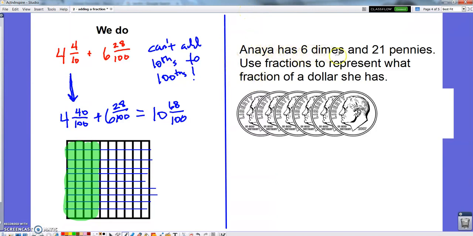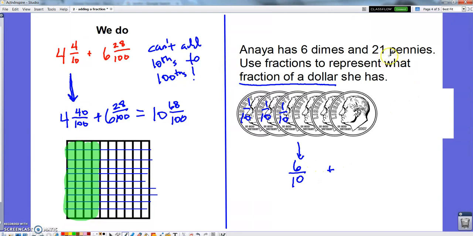So Anaya has 6 dimes and 21 pennies. Use fractions to represent what fraction of a dollar she has. So the dimes, remember each dime is 1/10 of a dollar, because 10 dimes make a dollar. So that is 6/10 dollars.